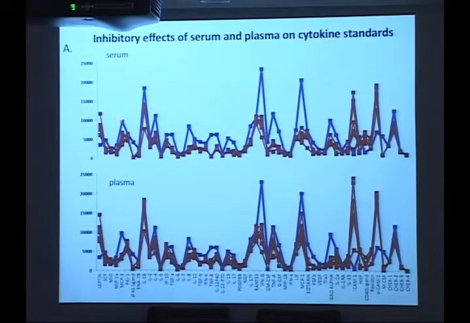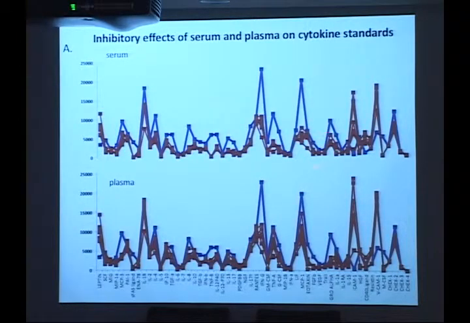So this is the same standard in actual serum samples. So look at the reduced level for some of the cytokines. And I ask you to ignore the ones that are higher, because those are endogenous. Those are cases where endogenous cytokines actually have higher levels than we have in our standard. Okay, so we cannot measure them. It just appears much higher than the actual standard.